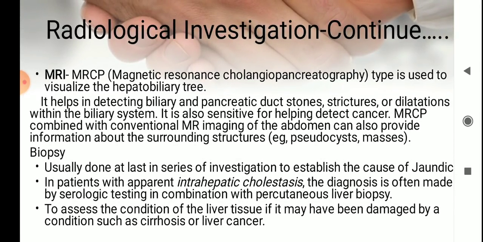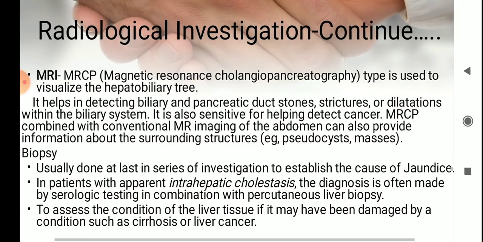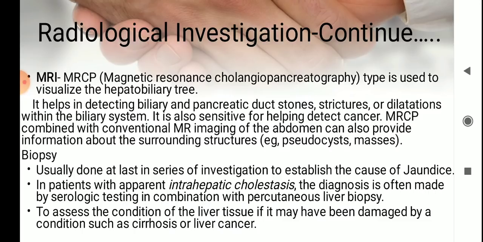It is also sensitive for helping detect cancer. MRCP combined with conventional MR imaging of the abdomen can also provide information about the surrounding structures, for example pseudocysts and masses. Biopsy is usually done last in the series of investigations to establish the cause of jaundice. So, last resort.